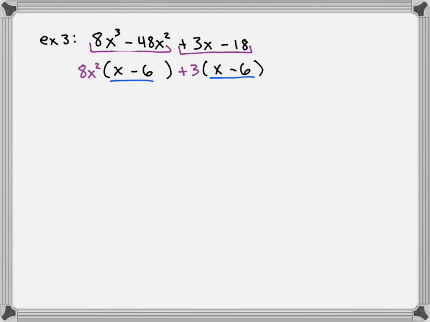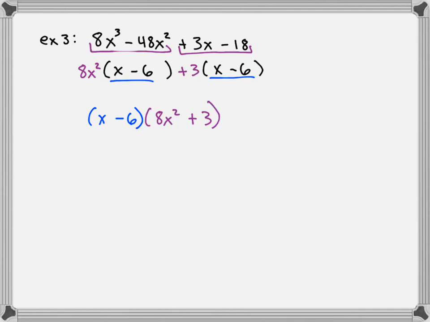Again, what was inside those parentheses should be identical. They are. That becomes our new GCF that we can factor out. So we have an x minus 6, and what was left, the 8x squared plus 3.